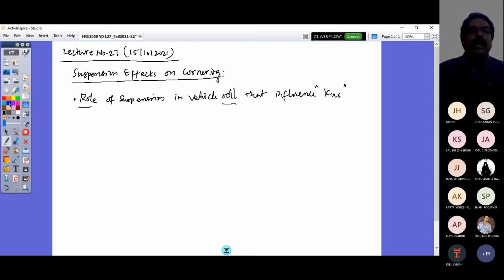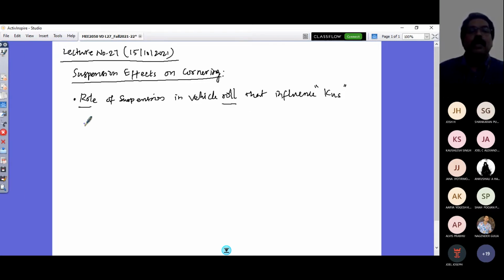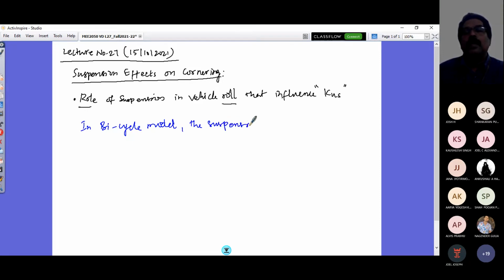Let's just recapitulate what the bicycle model is. In the bicycle model, the suspension is not considered. When it is not considered, there is no roll effect, hence no roll in the vehicle model.